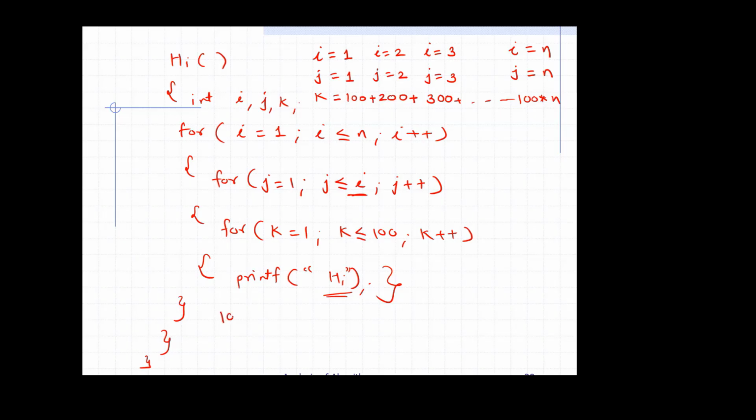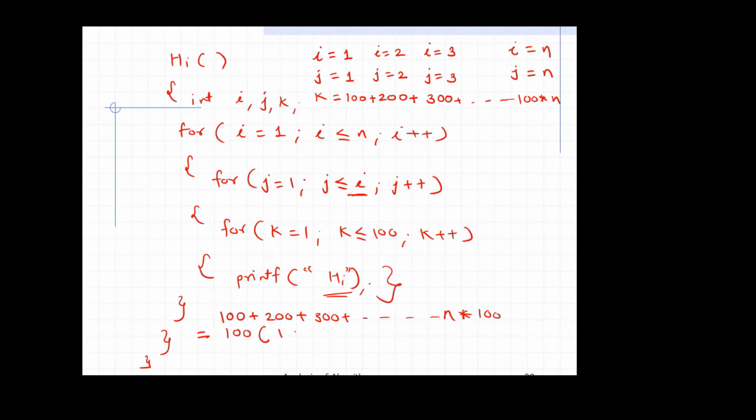So let's calculate it here. 100 for i value of 1 plus 200 plus 300 plus up to n multiplied by 100. Now, which series can we use in this case? There is no such series as 100, 200, 300, but we can take 100 common.